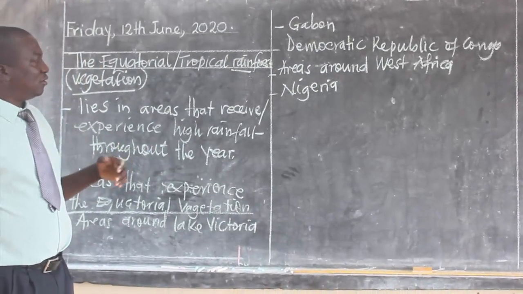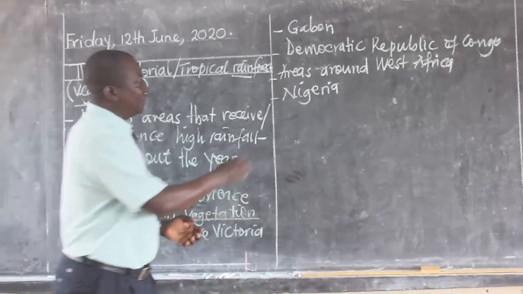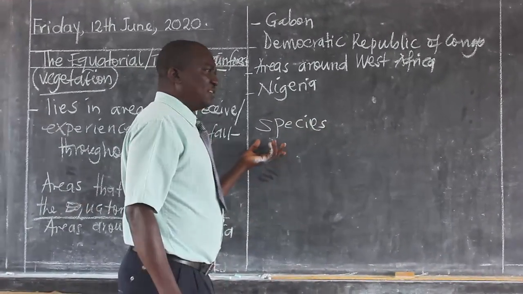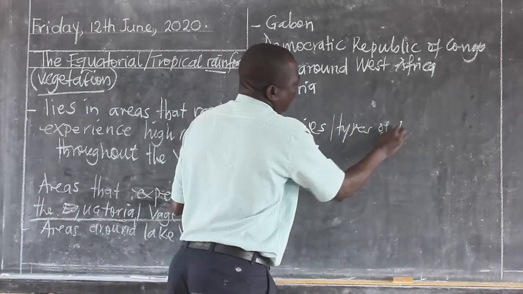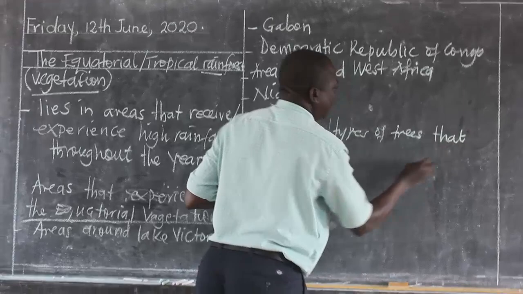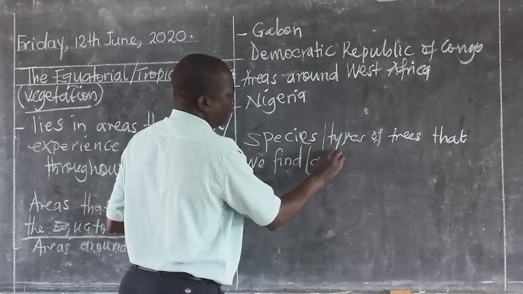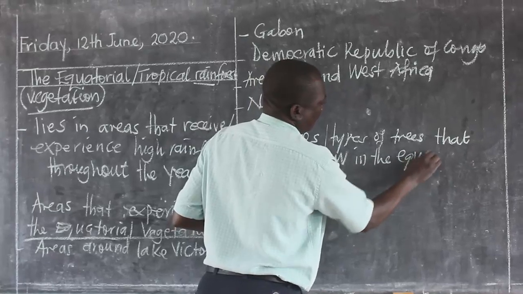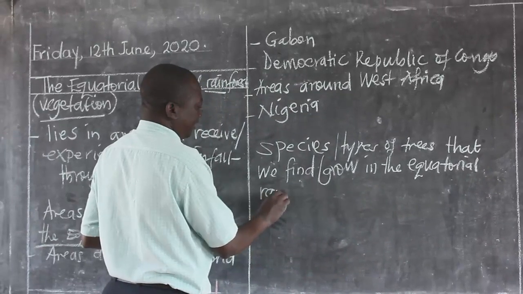Now, we can also try to get down to look at those other species. Sometimes people want to say types of trees that we find or that grow in the equatorial rainforest.